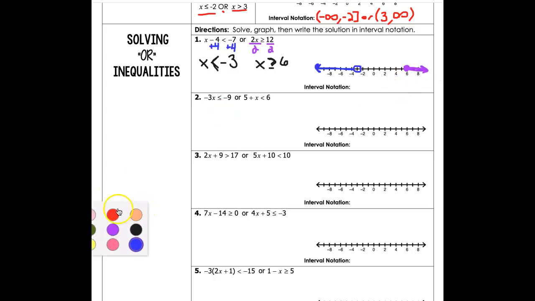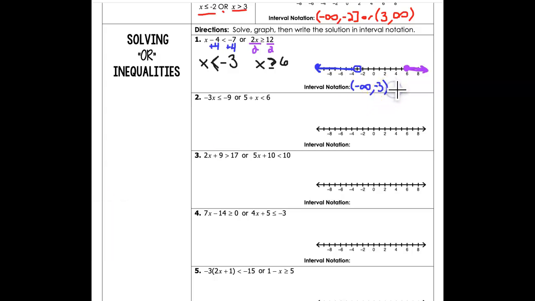And then we have to write our two separate interval notations. So starting with my blue inequality, smallest number is -infinity. So I put my -infinity with my parentheses. The largest number for that blue one, for this one on the left, is -3. Not included, so it gets a parentheses.